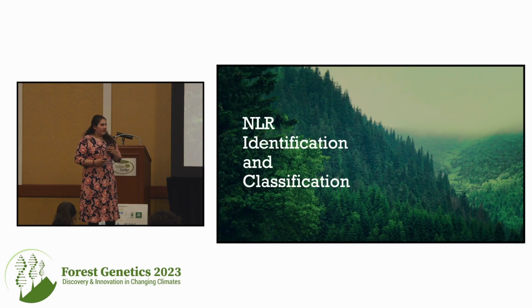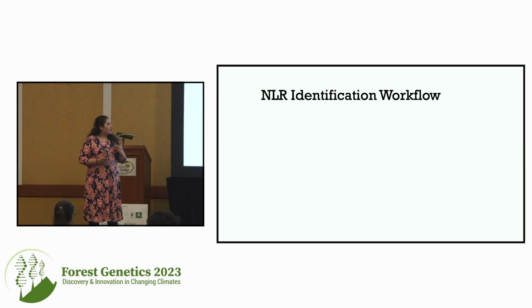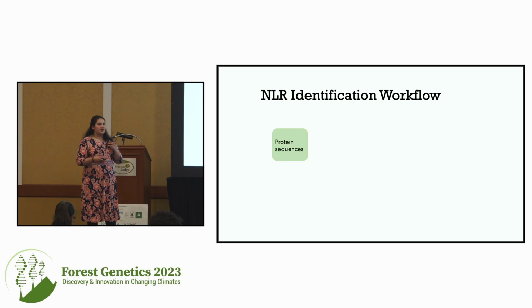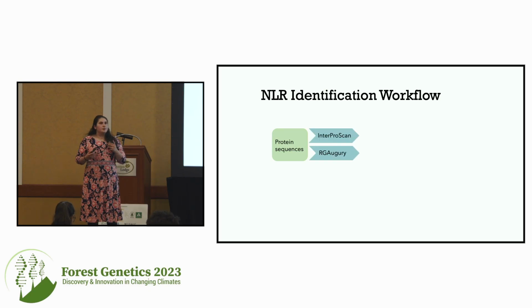My process for identifying and classifying these genes started off, after I assembled the transcriptomes, with both protein and coding sequences. I started with the protein sequences, and I used two programs, InterProScan and RGAugury. InterProScan is used for scanning protein domains, if anyone has used something like that before.